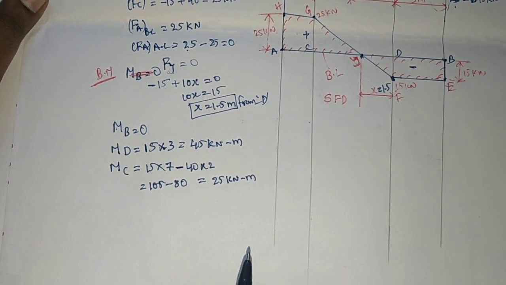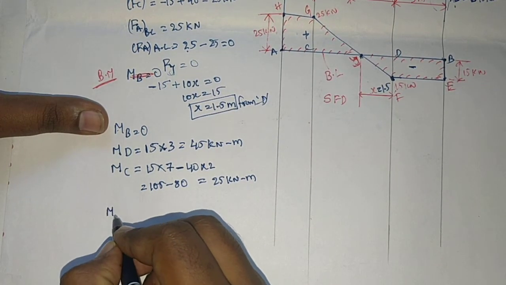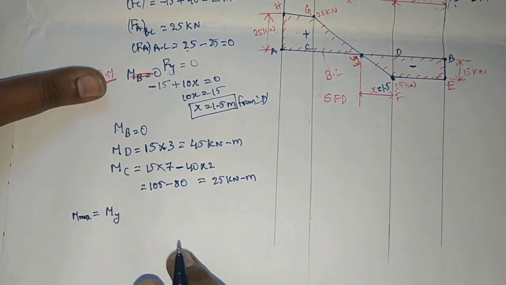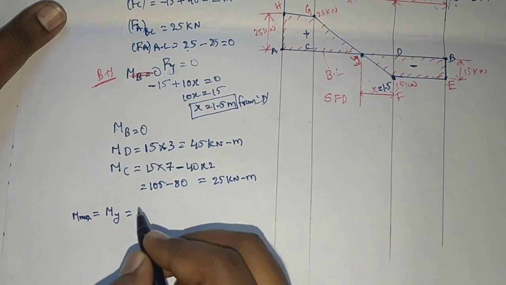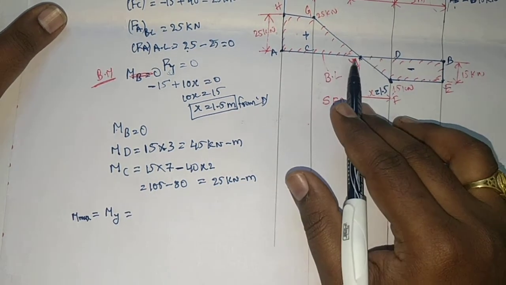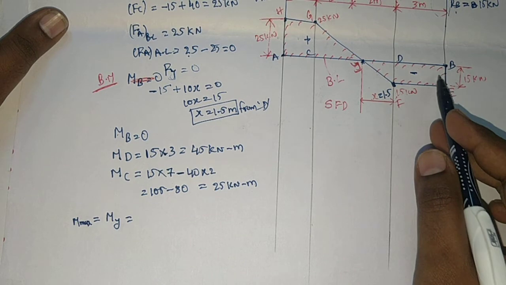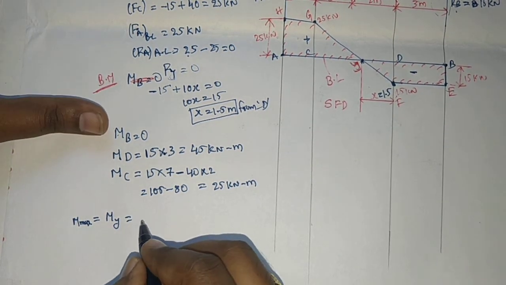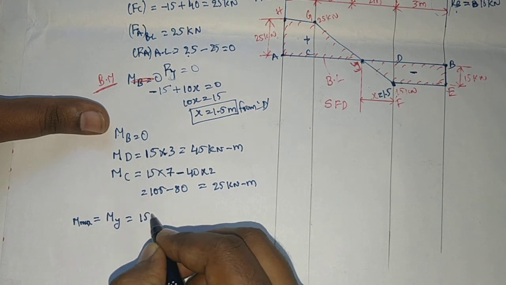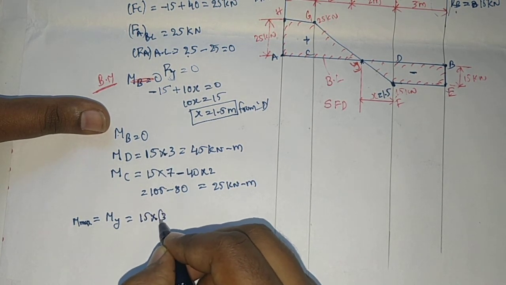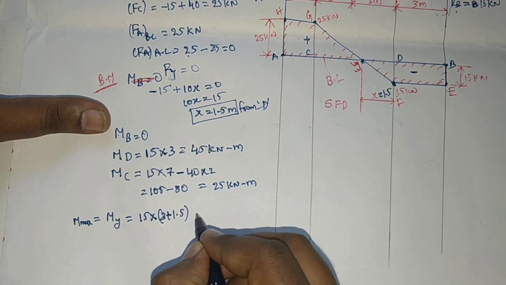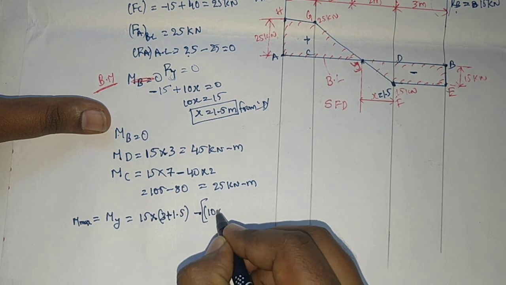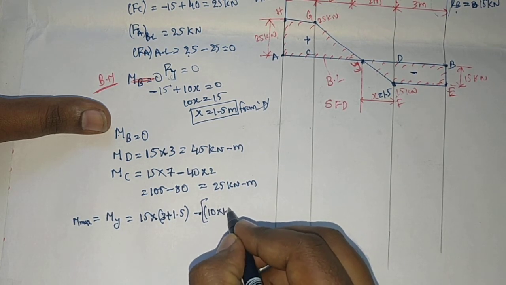Similarly, we need to calculate bending moment where the shear force is 0. That is, the maximum bending moment is equal to the bending moment at point Y, which is, taking the right side of Y, having two loads, one is the reaction force and some UDL. That is 15 into 3 plus 1.5, minus 10 into 1.5, because the UDL is applied over a distance of 1.5 meters.